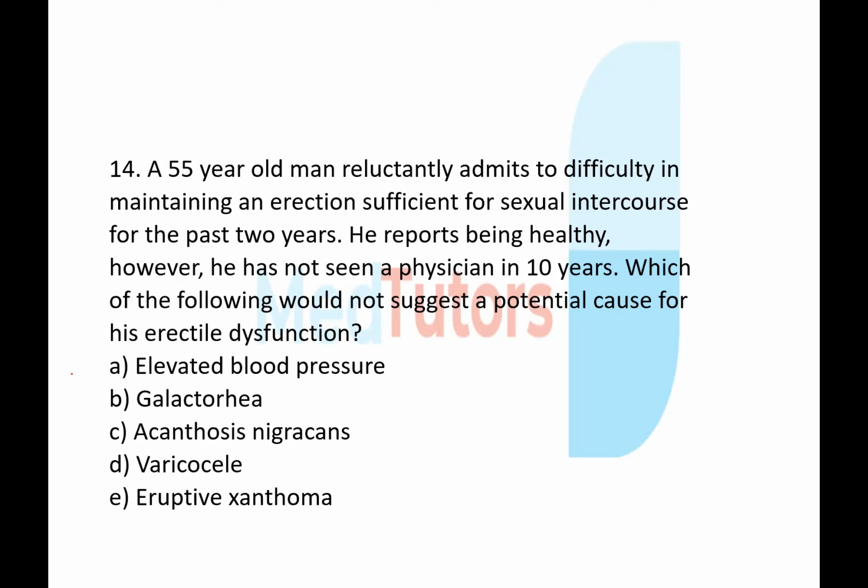There are some other local problems also that are associated with hormonal imbalance. All these are conditions that can lead to erectile dysfunction. Patients with hypertensive diseases can have erectile dysfunction. Patients with several metabolic conditions causing hormonal imbalance can lead to erectile dysfunction.